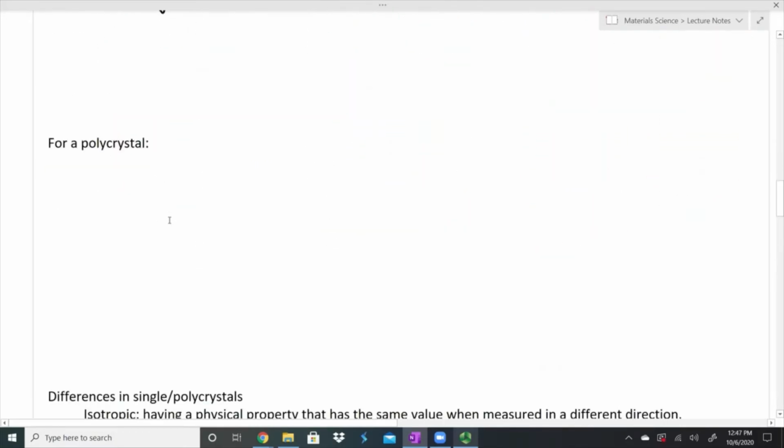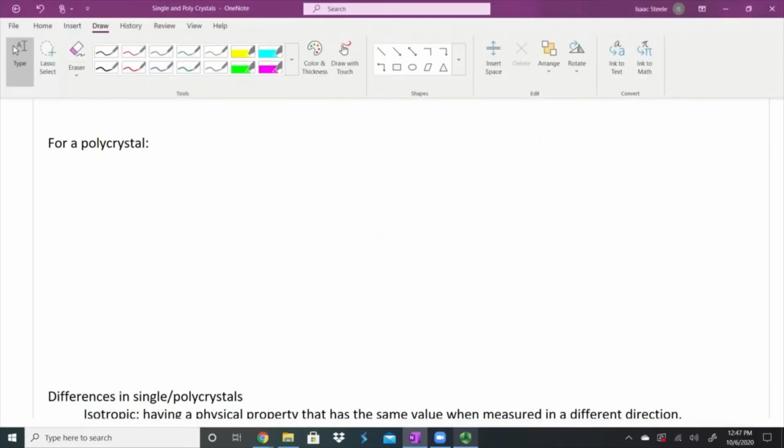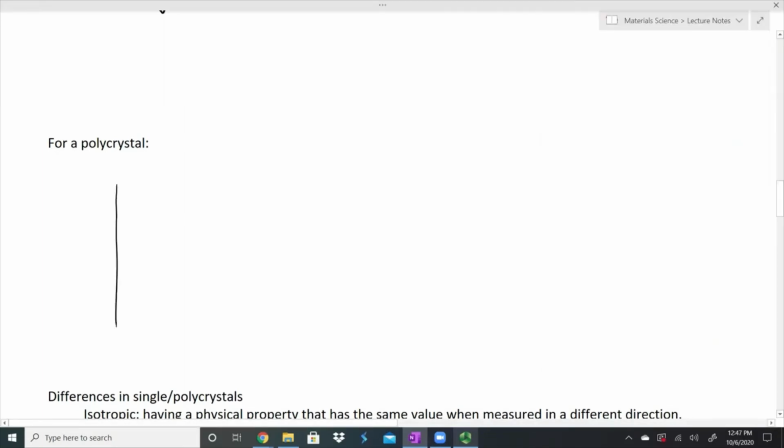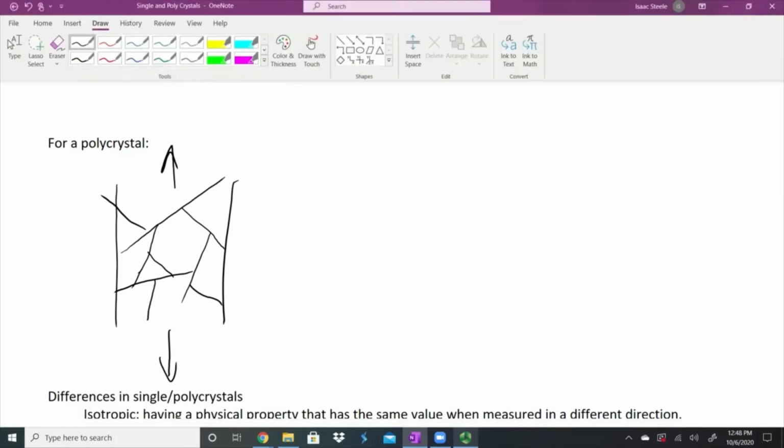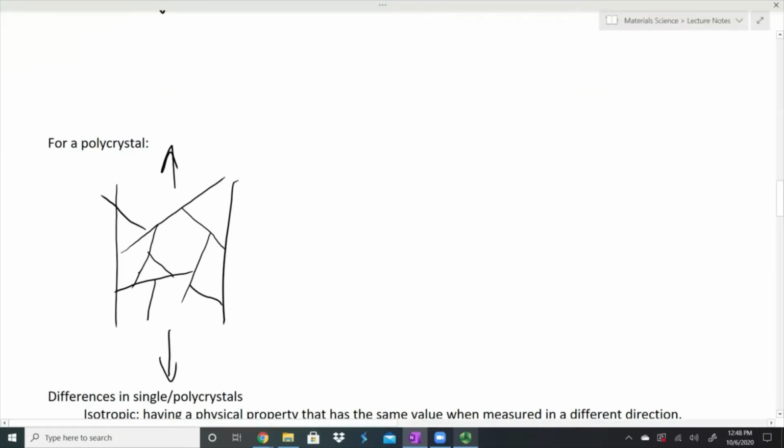Let's take a look at a polycrystal. If I have this same type of material and I want to pull it apart, but let's say that I have multiple grains throughout here. So these are pictures of grains. And let me draw my little circles in here again.